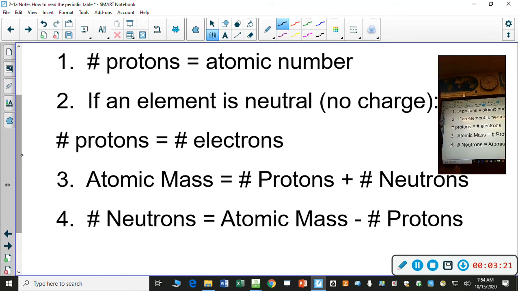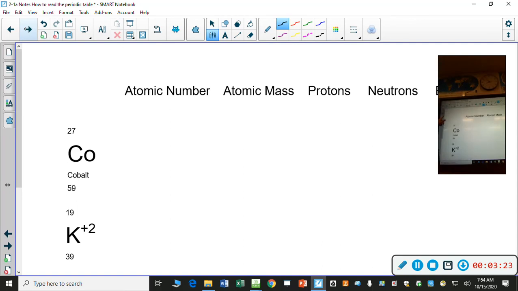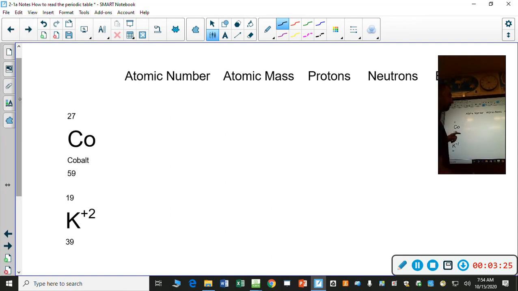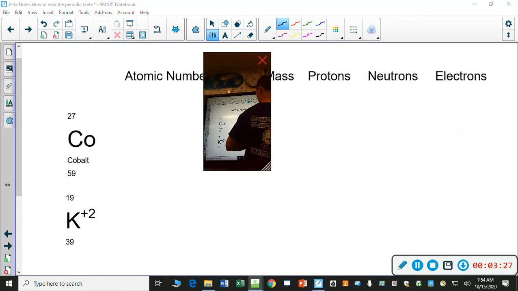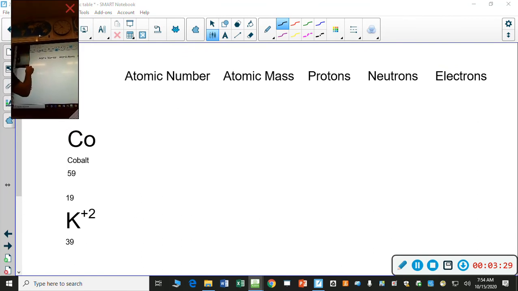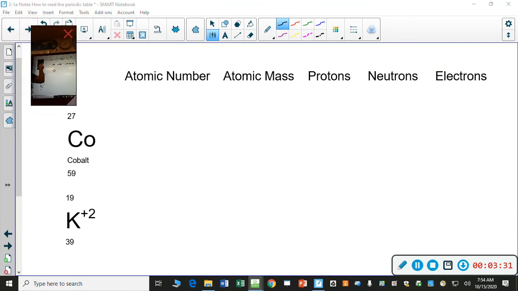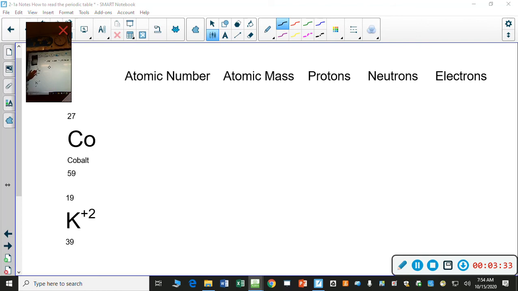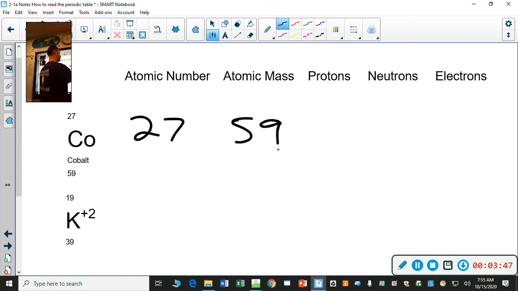Okay, so going to the example here. Let me just move myself out of the way. So cobalt, which is the atomic number 27, so you're going to write that down, atomic number 27. The atomic mass, you just extract right off, it's 59.